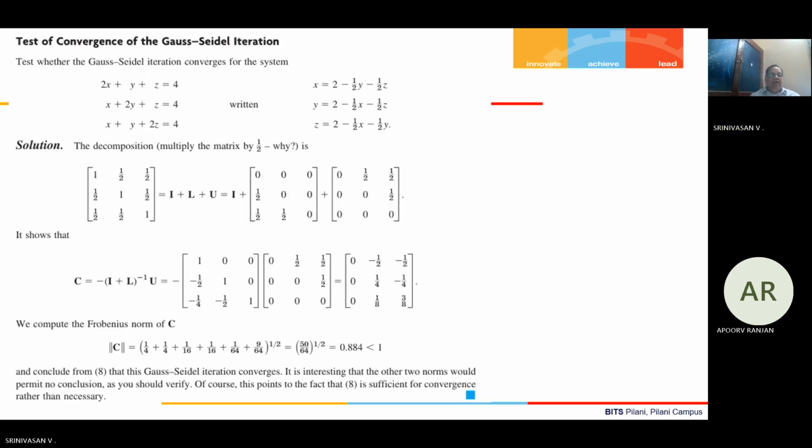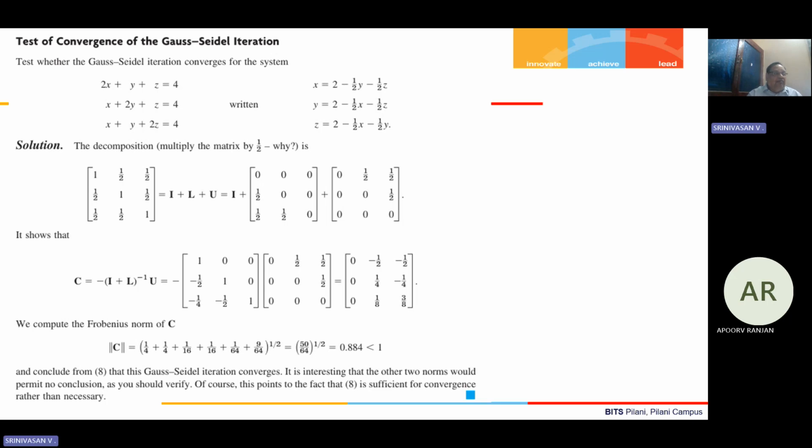Let's see. Test whether Gauss-Seidel iteration converges for the system. So this is the question, and you have to be careful about it. Don't immediately jump to the conclusion that you go for iteration after iteration. It's something like whether a system is consistent: you are not asked to find the solution. If it is consistent, find whether it has a unique solution; if so, find the solution itself.